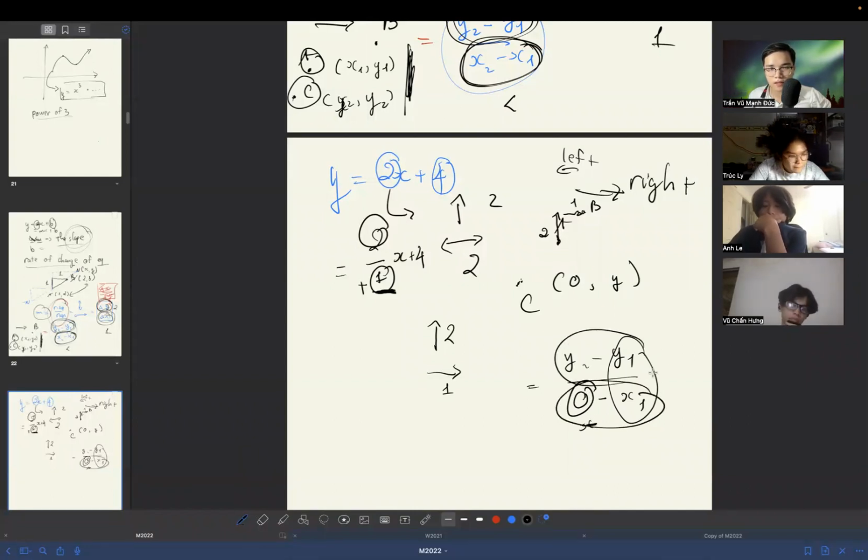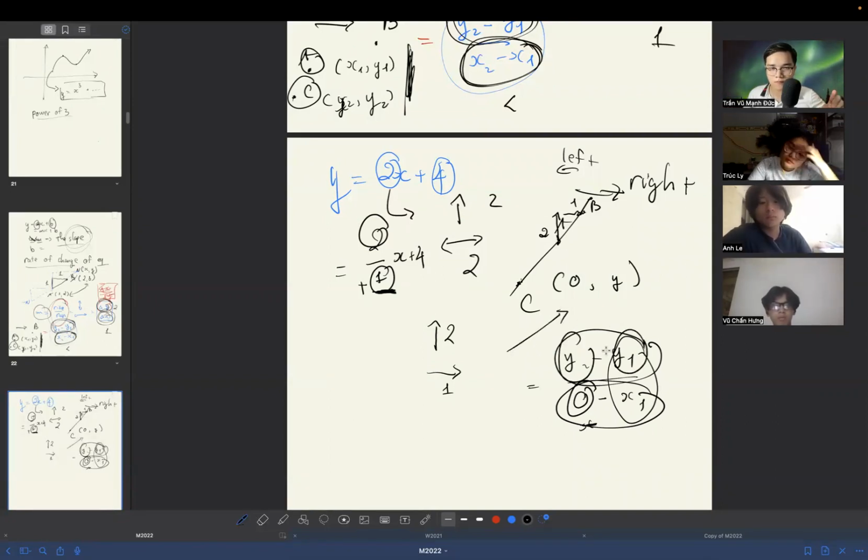If C is down in a lower row than A, then y2 is smaller than y1, and this will become positive. And if C is higher, then y2 will become bigger than y1, and the slope will be like this.